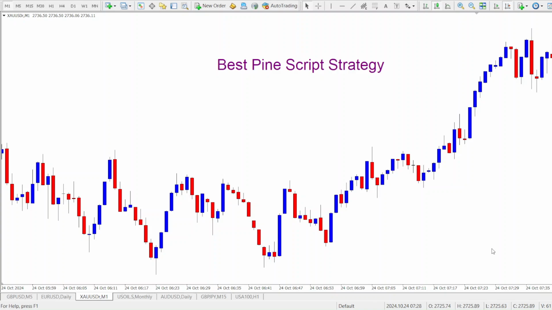Right, this is one of the great benefits of this language, Pine script. It can help you to tailor your trading tools to fit your own personal trading style, right?